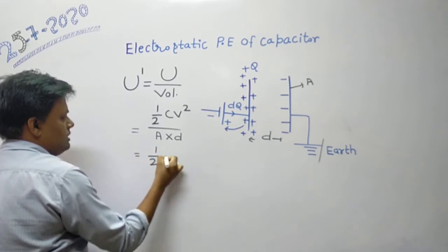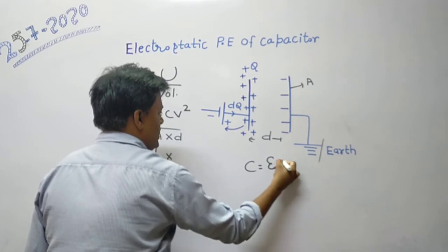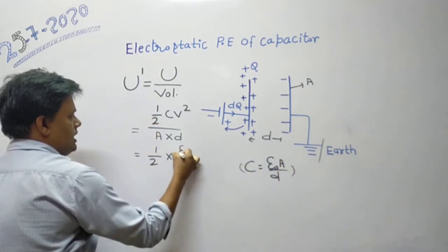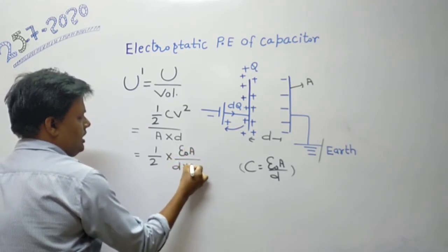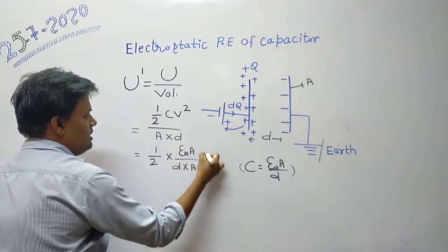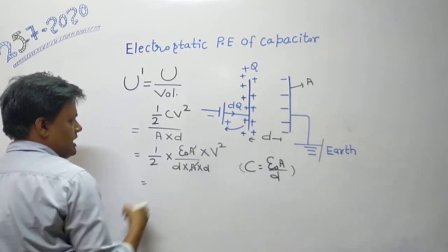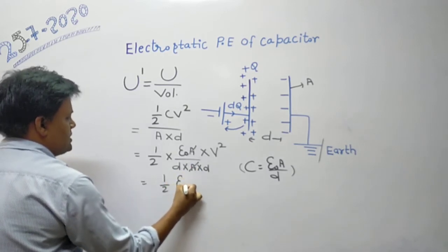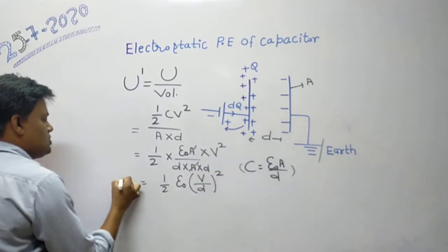Since we know the parallel plate capacitor has the formula capacitance C equals epsilon naught A divided by D, put this value, epsilon naught A divided by D, A into D into V square. A cancels with A, and D. This is half epsilon naught, V divided by D, whole square.